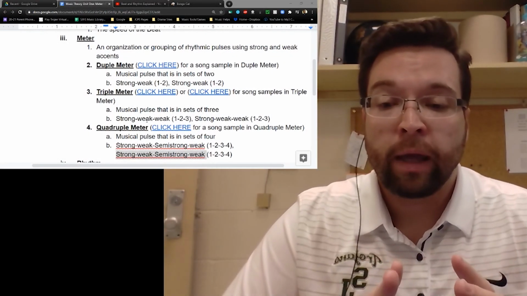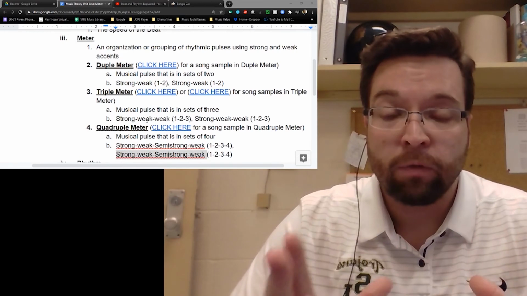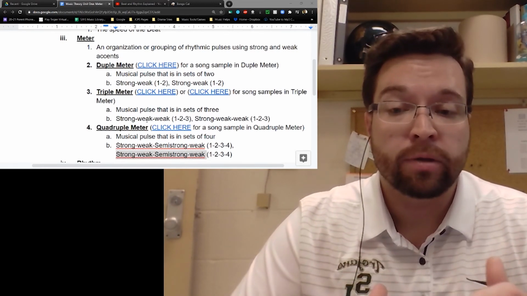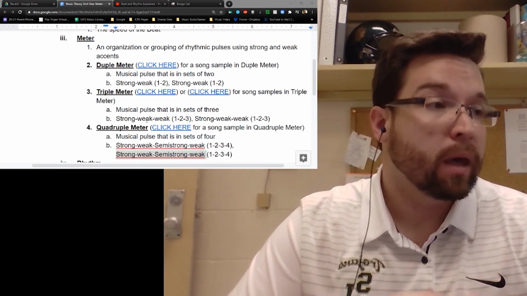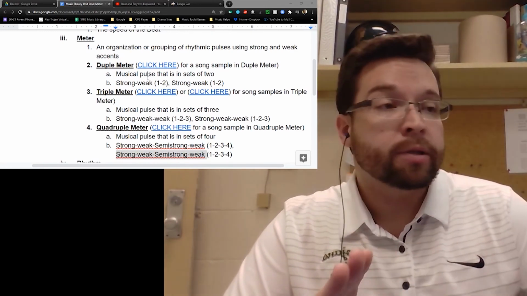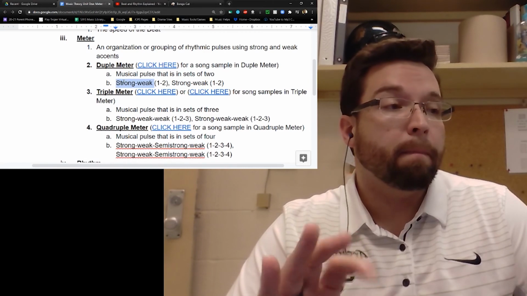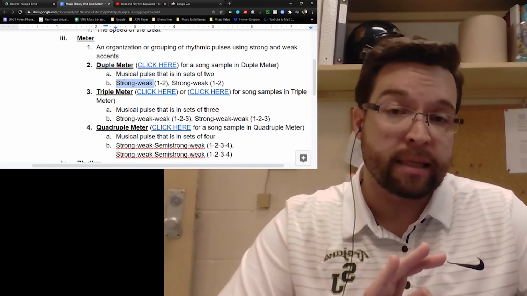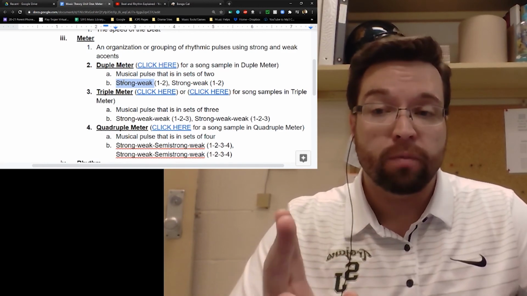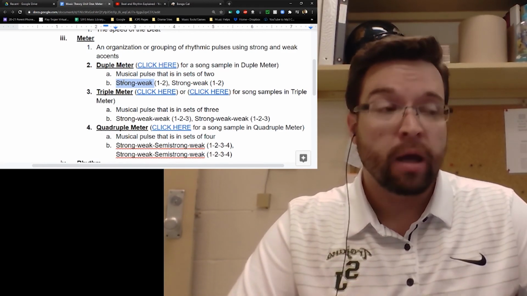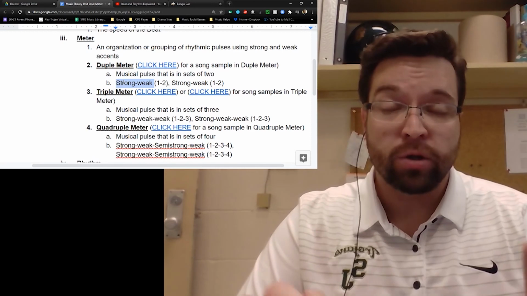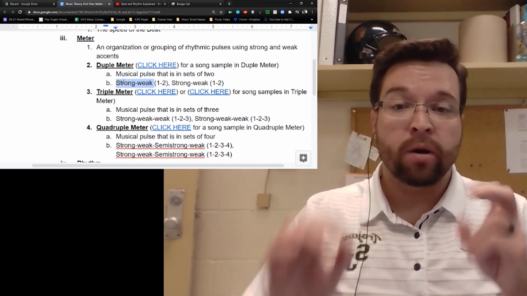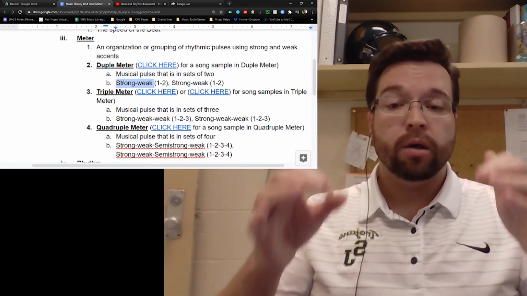Hopefully that video will help you to see the relationship and the differences between beat and rhythm and how they are related to each other. In addition to that, you will also need to know the strong and weak beat patterns, or strong and weak accents, patterns for each meter, duple, triple, and quadruple. You'll need to know that for duple meter, the strong, weak pattern is 2: strong, weak.